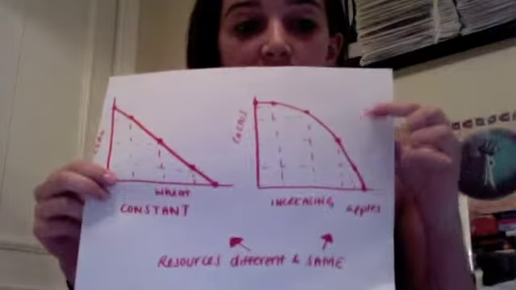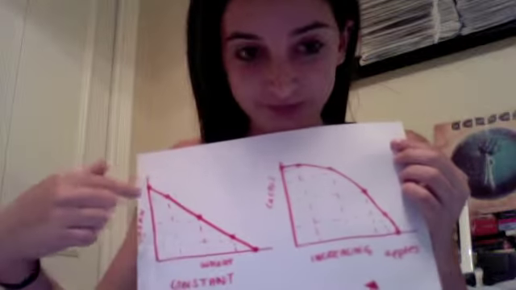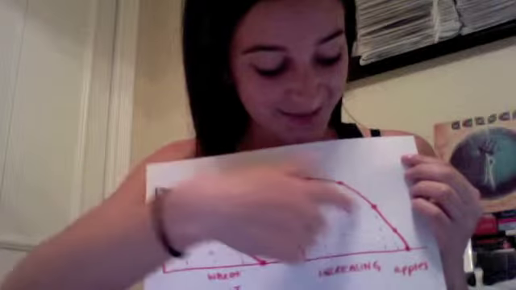Quick reminder, there are 2 types of opportunity cost: constant opportunity cost and increasing opportunity cost. And here's what they look like. You have constant over here, everything's backwards, and then you have increasing opportunity cost here.